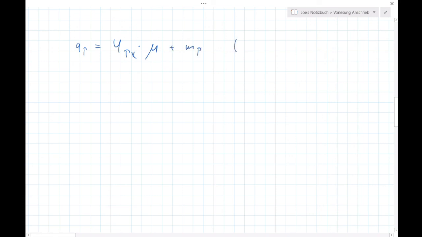So this was equation 22. And the good news is now everything is given. So we have QP is equal to YPX is 7.7 grams per gram, fold mu, it's 0.3 per hour, and MP is 1.1 per hour. And in total, we end up with a QP of 3.4 per hour.